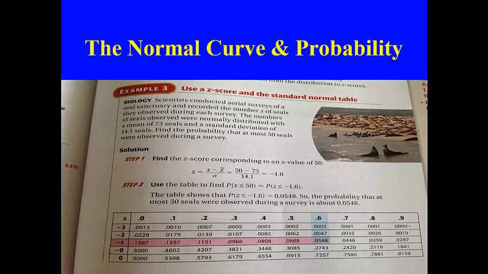If we look at the z column at -1 and column number 7, you will see that the probability that at most 50 seals were observed during a survey is about 0.0548, which is our answer.